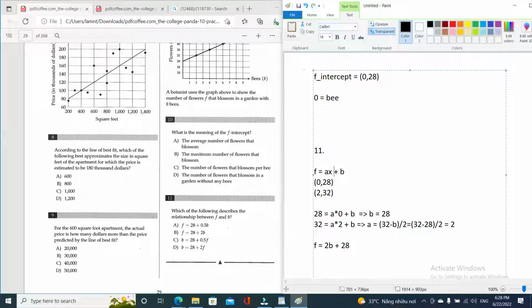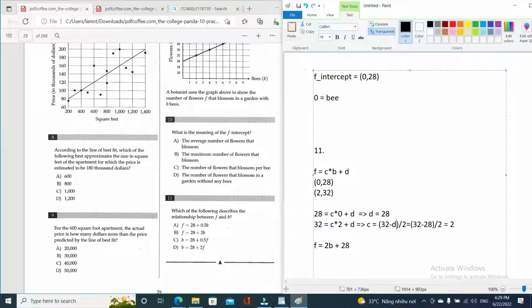Let's change the variable names a little bit, since I messed up the variable names. So F is equal to c times B plus d, where c is 32 minus d over 2.